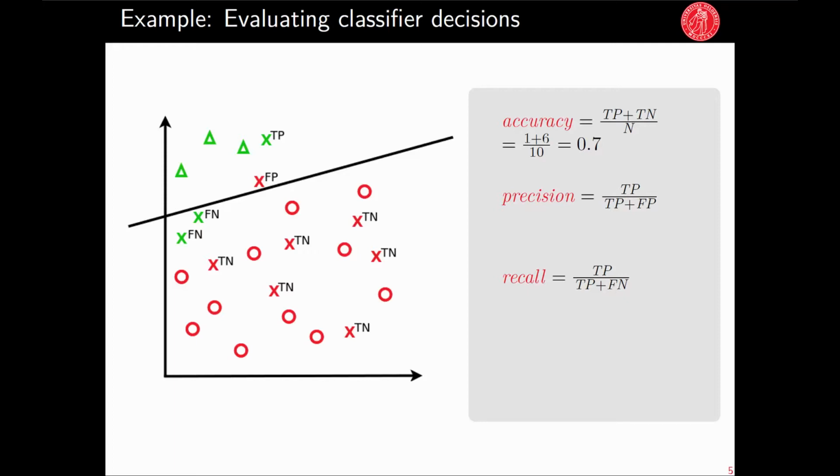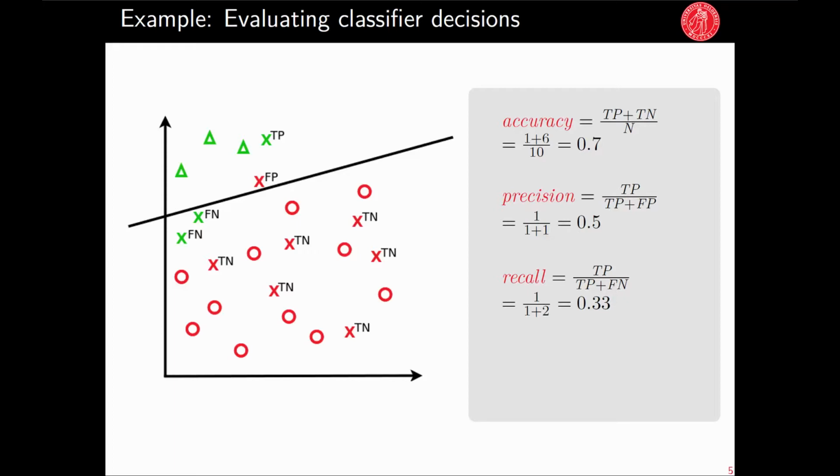Whilst recall, on the other hand, looks at how many of the actual spam messages in the test data we managed to correctly identify. And if you compute this for our data set here, we see that we end up with a precision of 0.5 and a recall of 0.33.